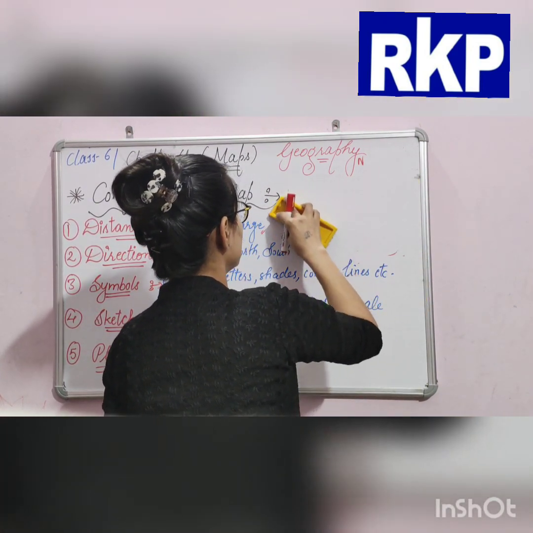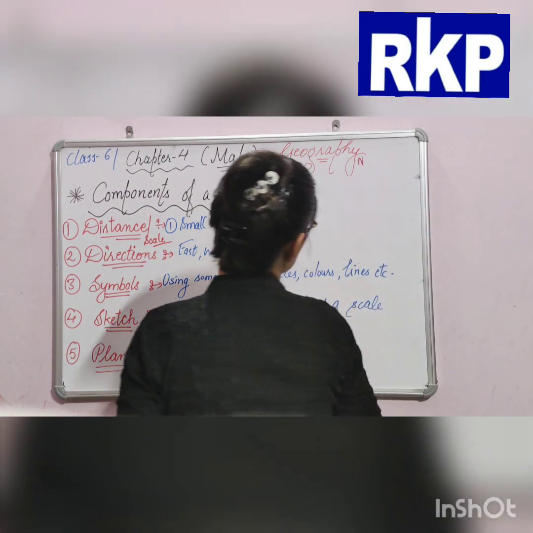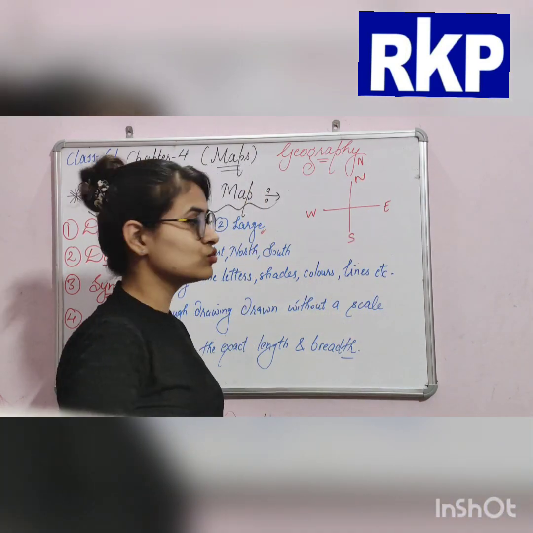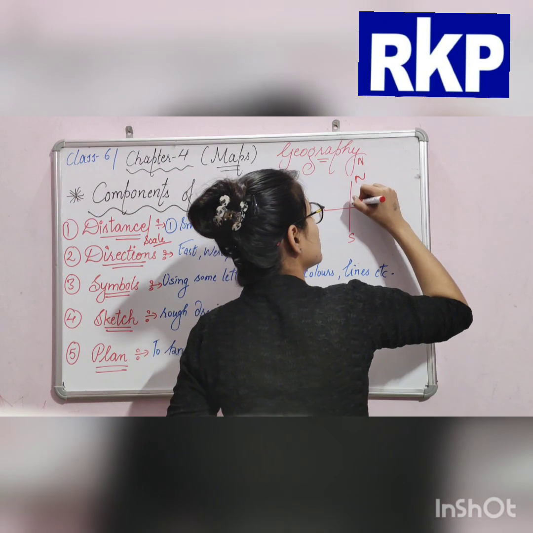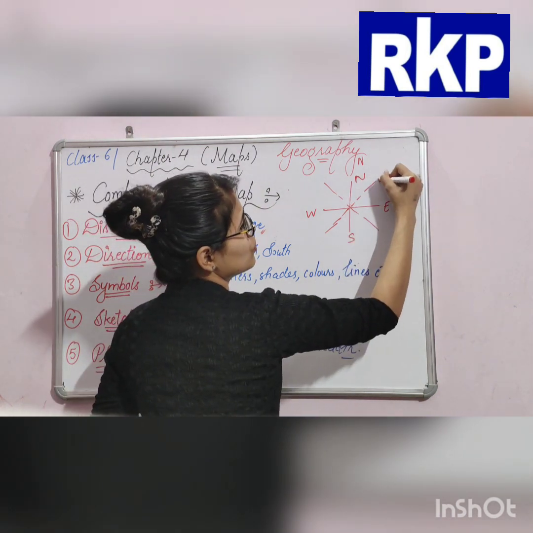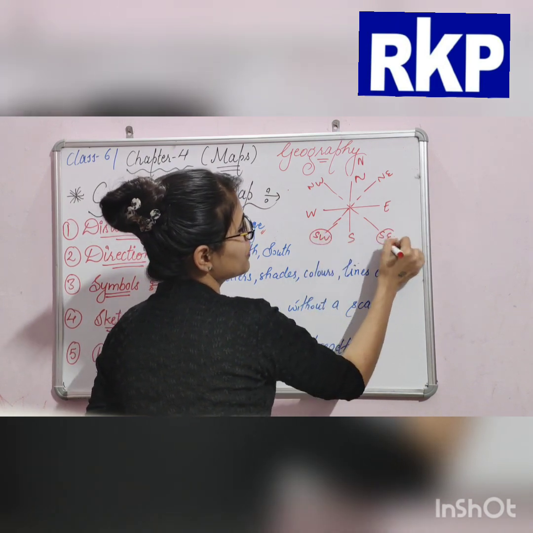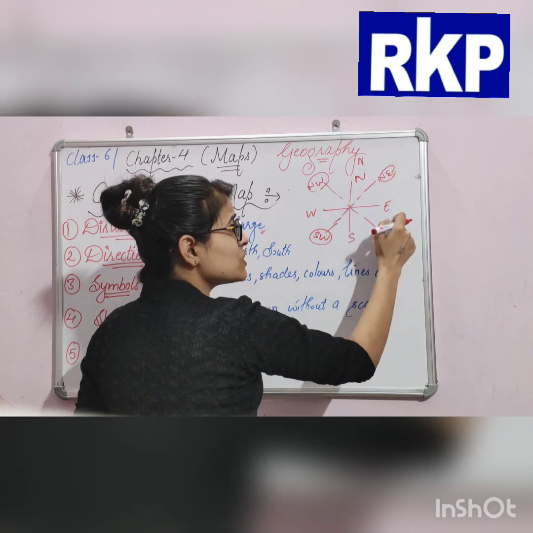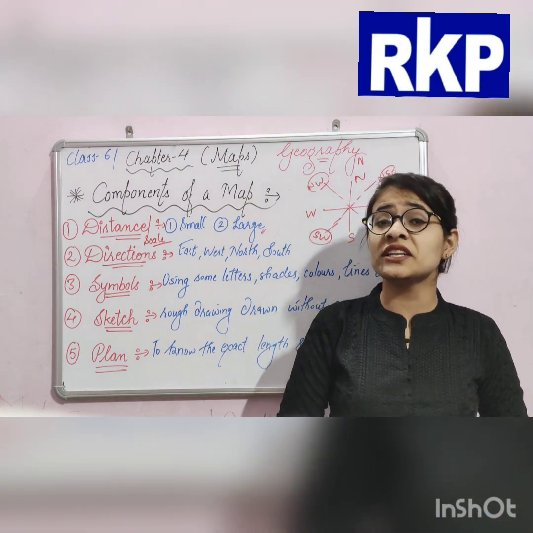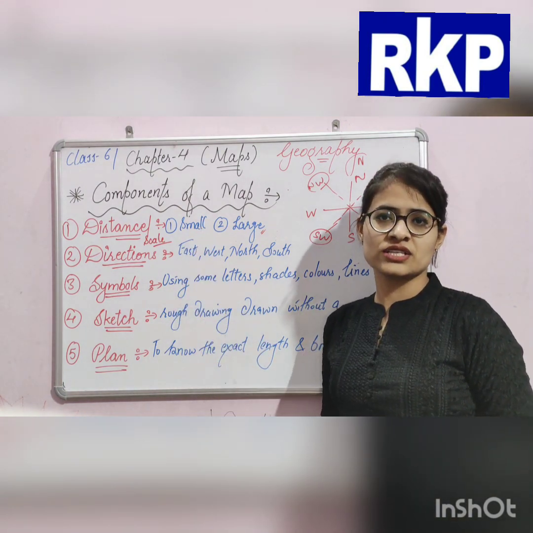Besides east, west, north and south, there are the directions in between, called northeast, northwest, southeast and southwest. So the main directions are known as the cardinal points, but the sub directions are known as the intermediate directions. Hope distance and directions are clear to you all.